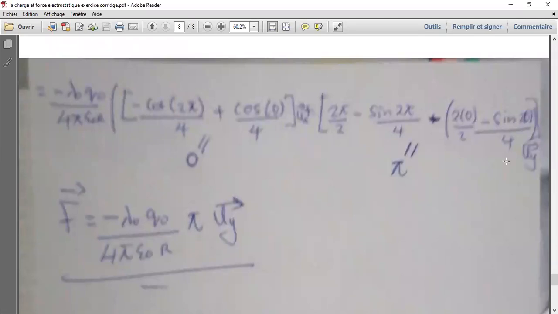Since here is denoted by what? Uy. For u0, for vector x here, we have found that it is 0. So everything here is 0. But here is pi uy. That's why here we have just represented it by uy.